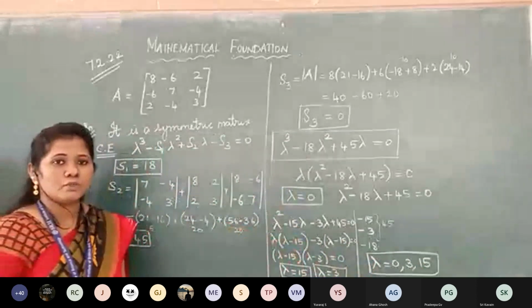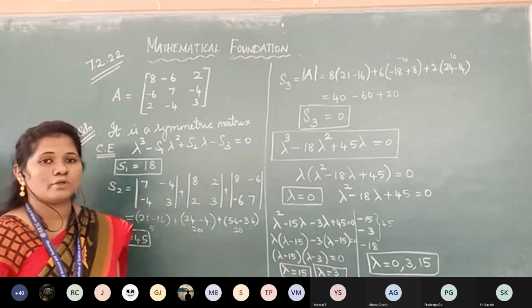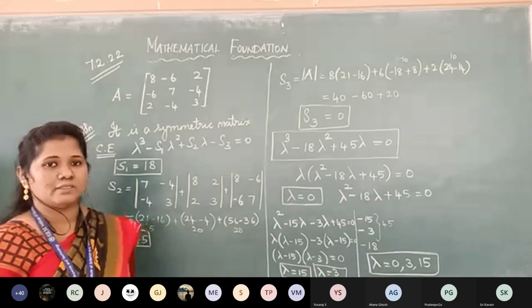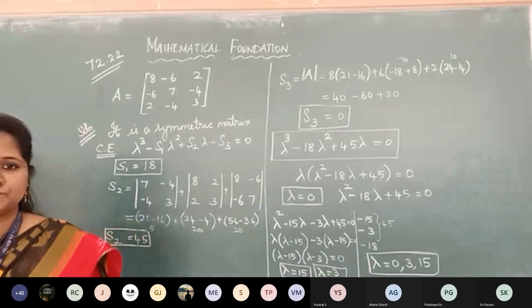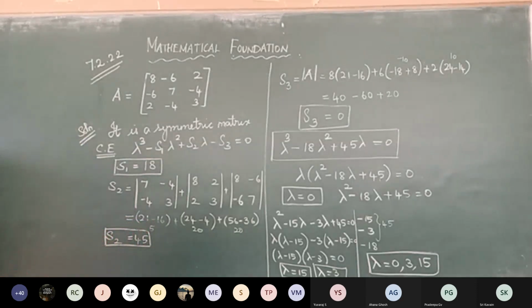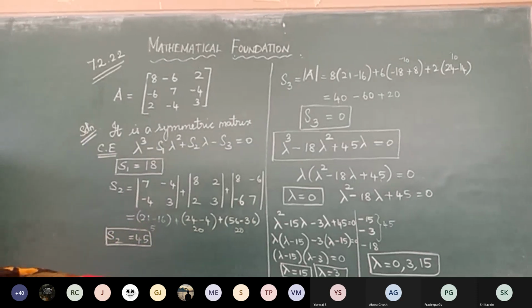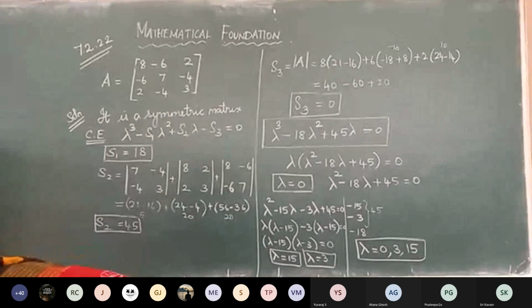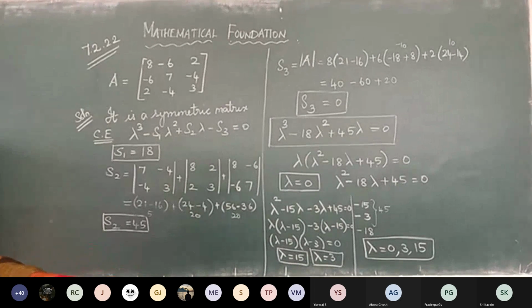For those eigenvalues 0, 3, and 15, you will have to find out your eigenvectors. So write it down. You're finished finding your eigenvalues, now find your eigenvectors.